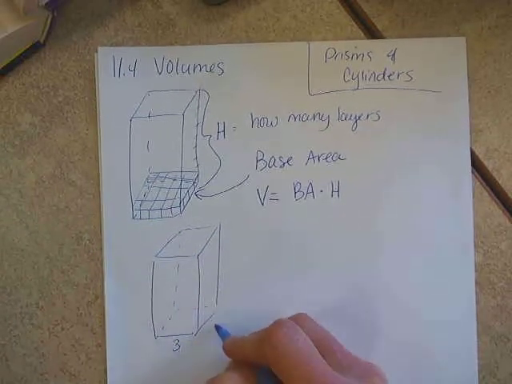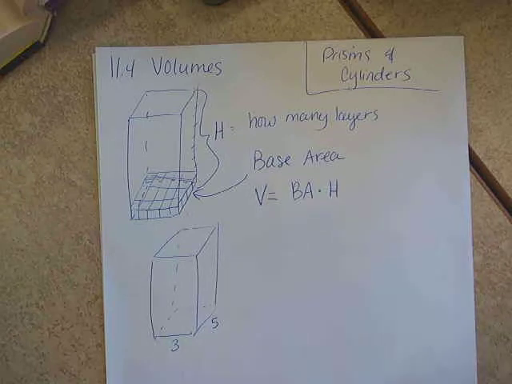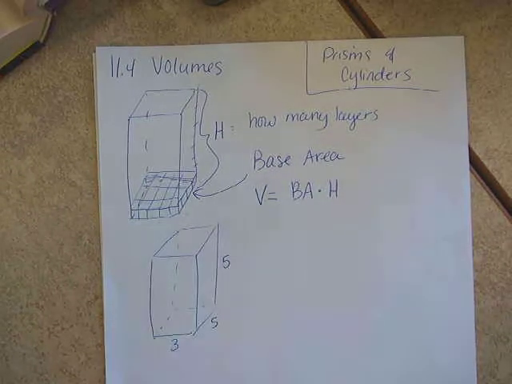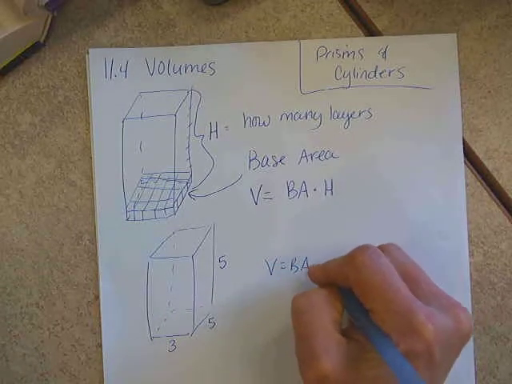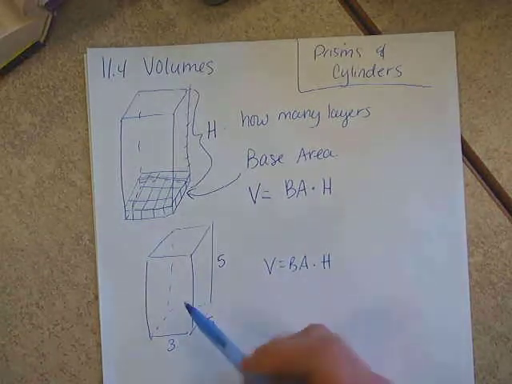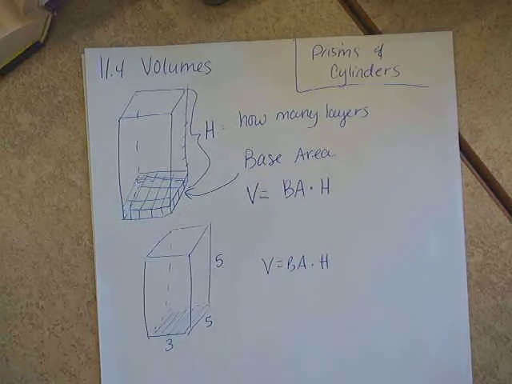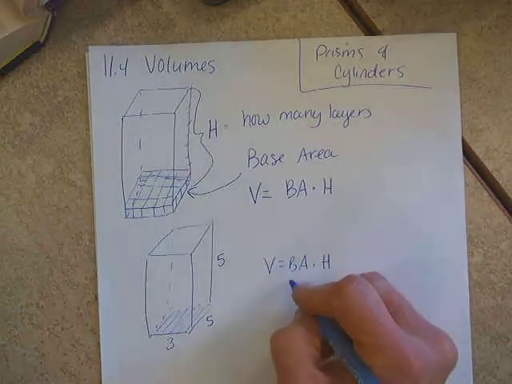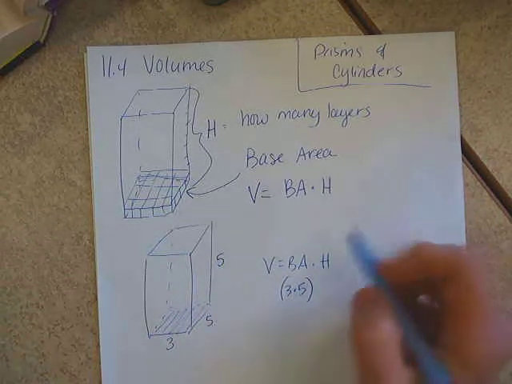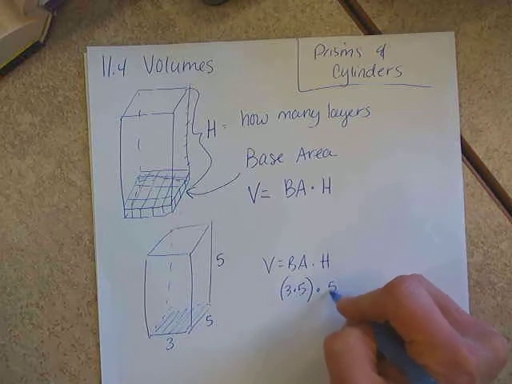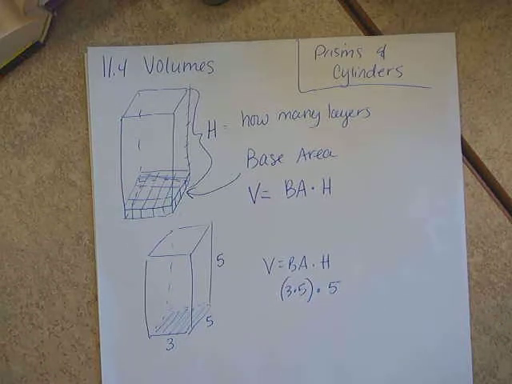and we've got dimensions 3 by 5 for our base, and a height of 5, then our base area is really talking about this rectangle right here, which would be 3 by 5, and a height of 5 as well.